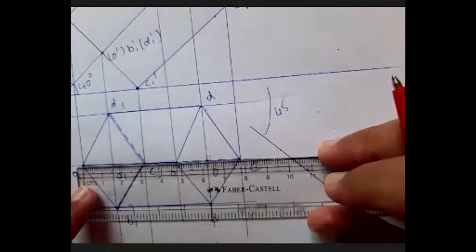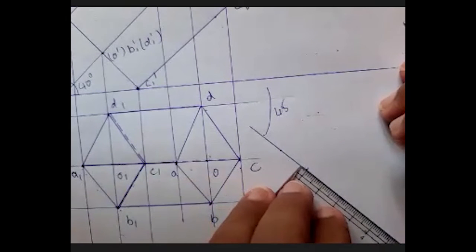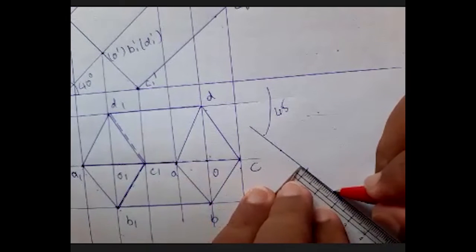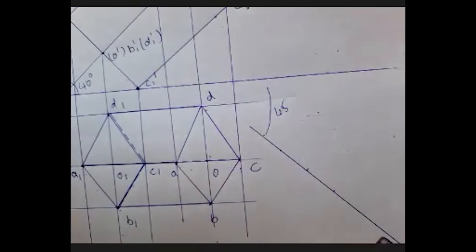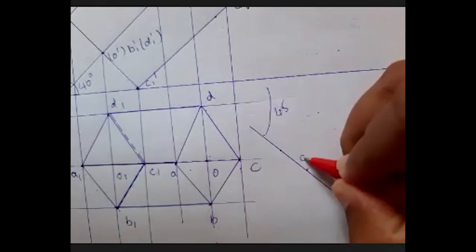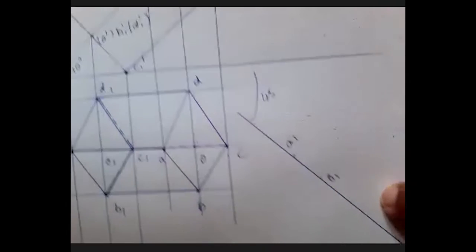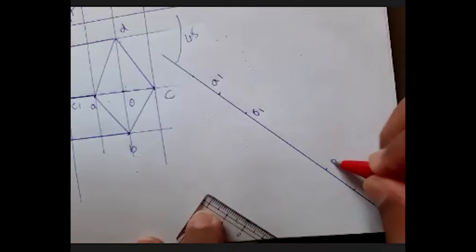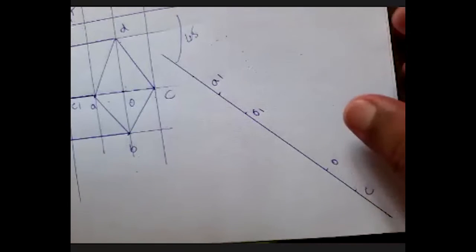It is 1.6. So the same distance will be from here. Again it is 1.6. I have measured A1, O1, O as well as C. All are in a single line.